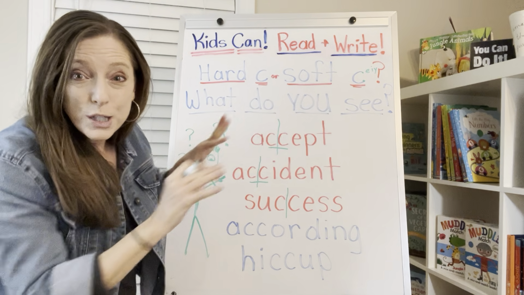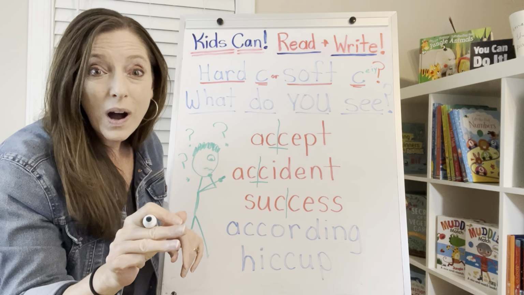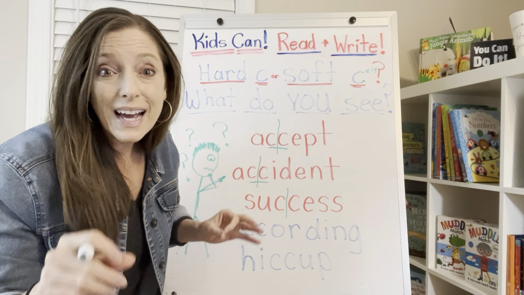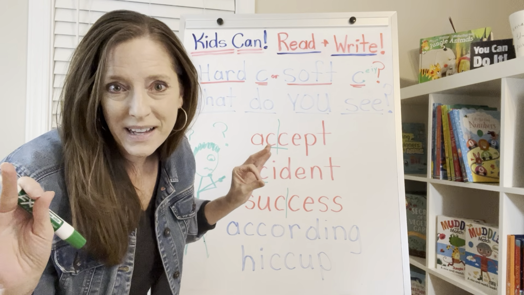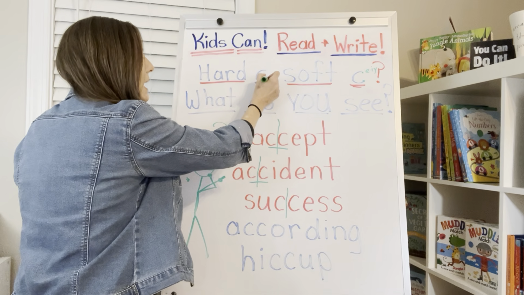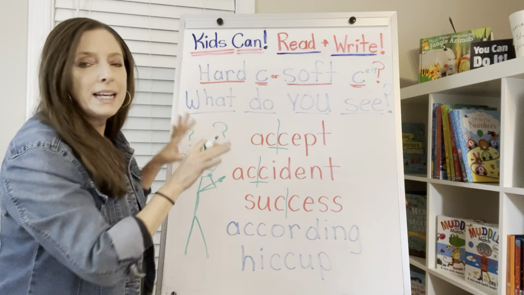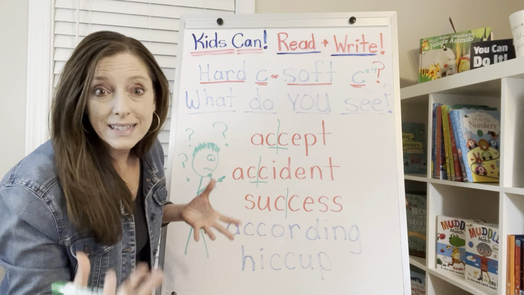If the C is pushing the E, the I, or the Y, you need to make that S sound. There may be exceptions, but that's the typical rule. If the C has his arms touching anything else, it will usually be the K sound.